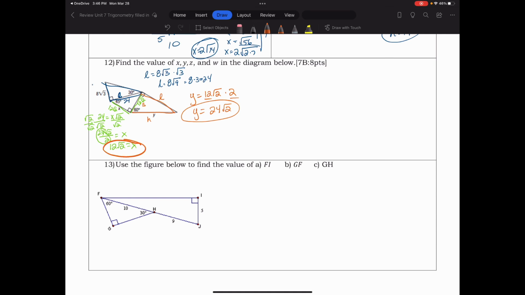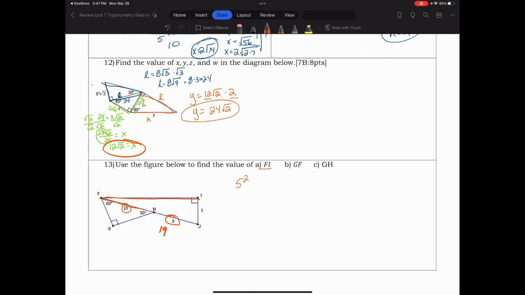There are my answers. This last one, it says use the figure below to find the value of FI. So FI would be this whole side right here. I see that this is 10 and this is 9. So the whole side is 19.